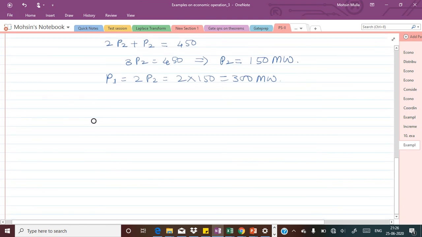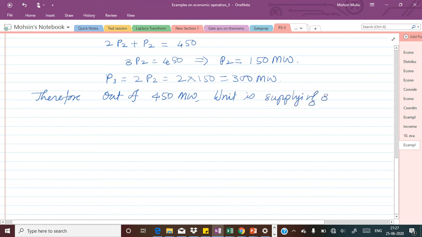So here we can write therefore, out of 450 megawatt, unit 1 is supplying 300 megawatt, and unit 2 is supplying 150 megawatt.